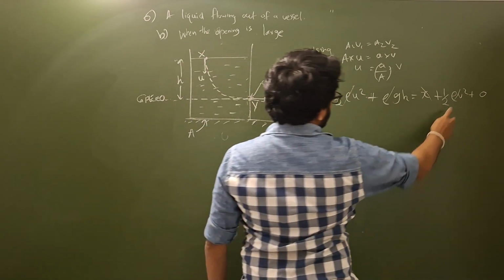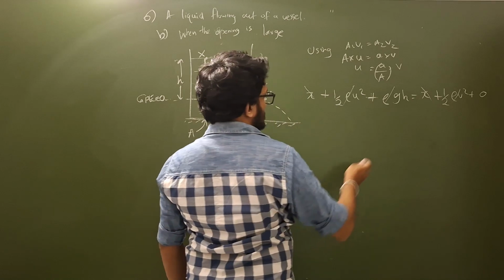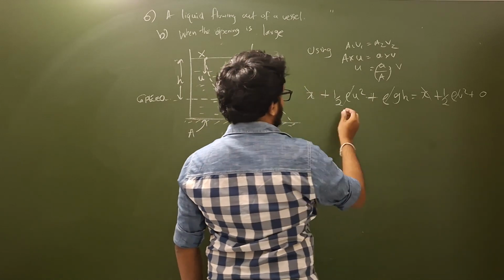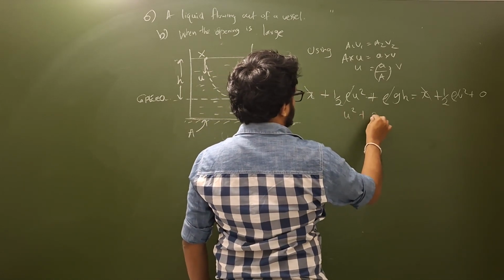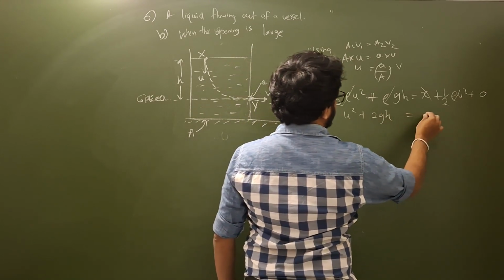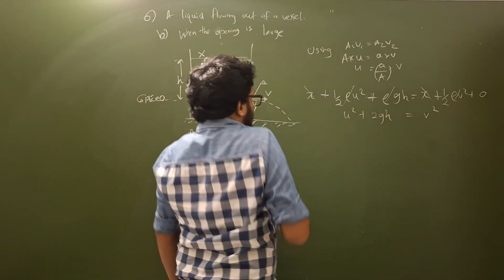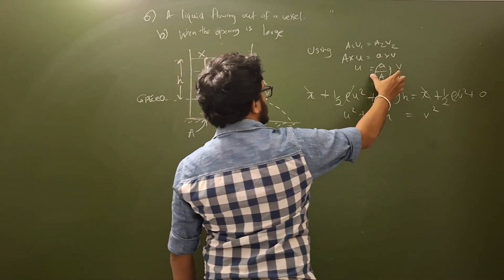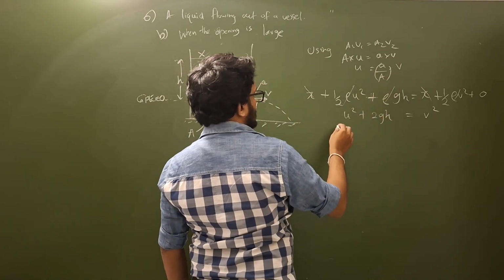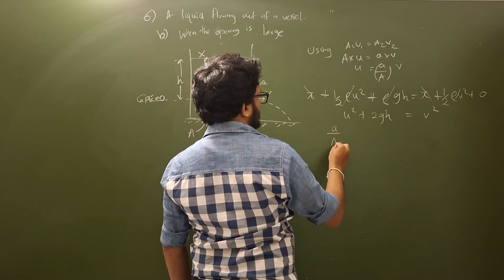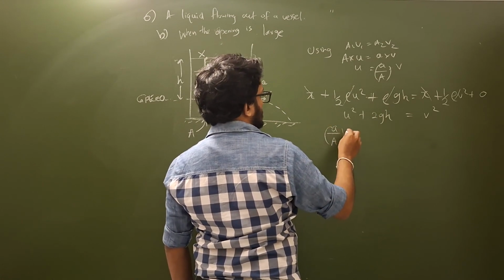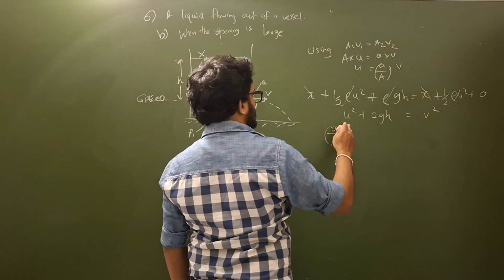I need to make v squared the subject. I'm going to multiply by 2. So I have u squared plus 2gh equal v squared. I'm substituting u squared from these terms, so I have to square this.